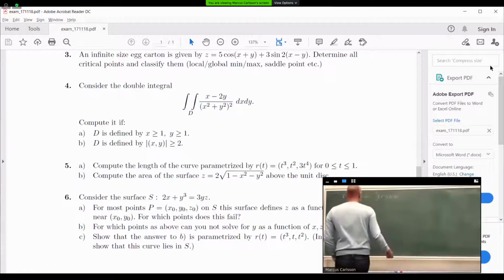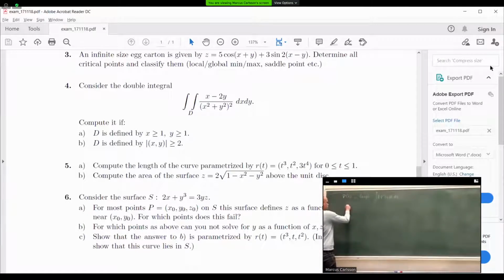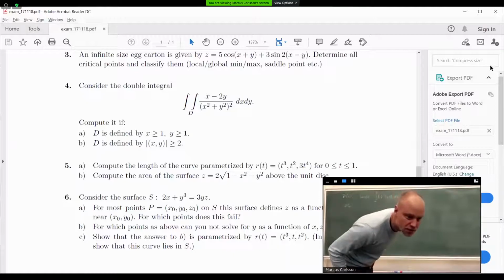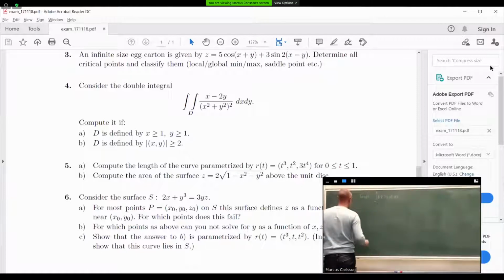In our case, the parameterization is given here in the exercise, right? R is not boldface, but it's t cubed, t squared, and 3t to the fourth. So the derivative of that is 3t squared, 2t, and 12t cubed, right?